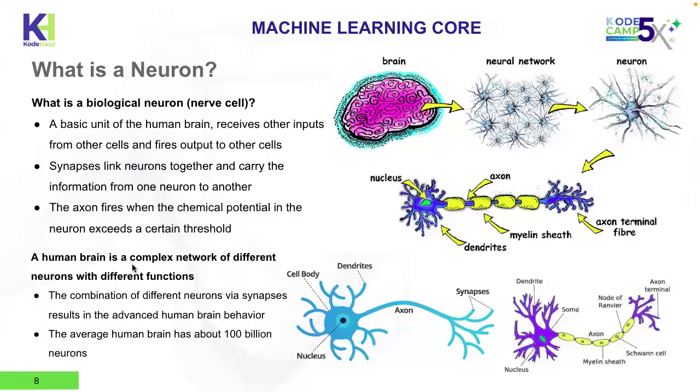Now, when you take all of these interactions and put them together, think of a billion of these things, this is what results in memory, intelligence, and all whatnot in the human brain. The combination of different neurons via the synapses results in the advanced human brain behavior. The average human brain has about 100 billion neurons.